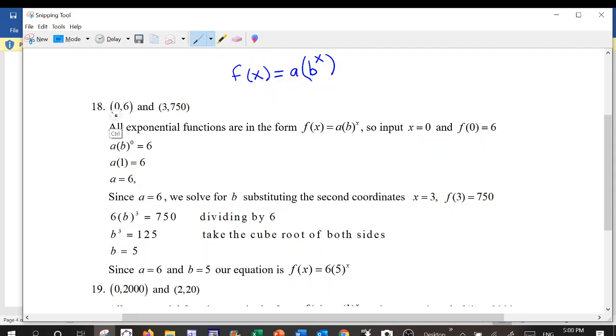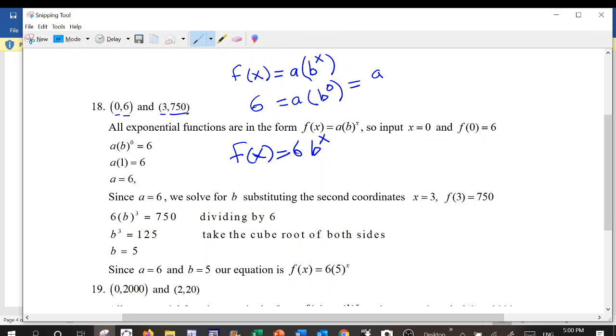Okay, now we have 2 points. We are told that when x is 0, y is 6. So that means when x is 0, f of x is 6. But b to the 0th power is 1, so that's 1 times a, which is a. So a is 6. So we know the function is supposed to look like f of x equals 6b to the x. But we don't know what b is. But let's use the other point right here.